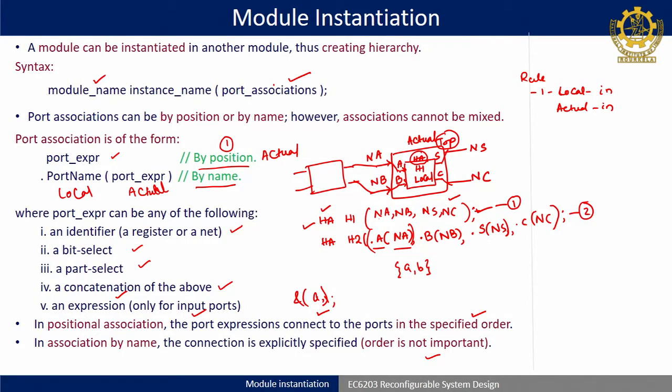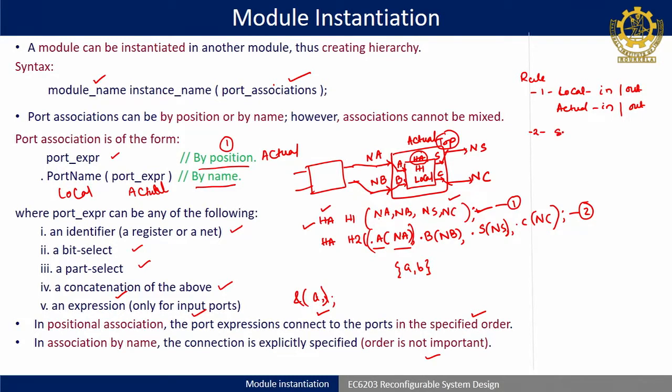So input will be mapped with input only, and S, C are output, and NS and NC are output. So local in will map with local in, local out will map with local out, understood? And inout is a terminology which can be mapped with either in or out. So, this rule you have to remember first.